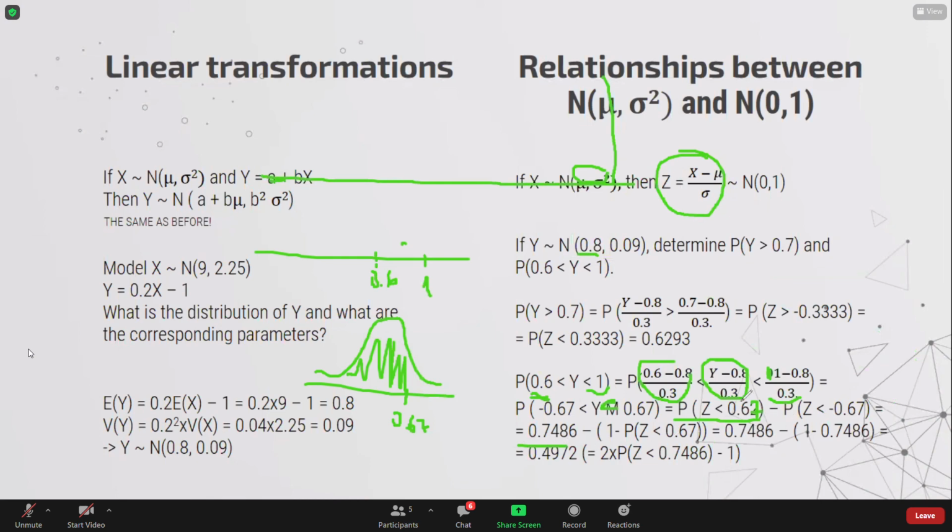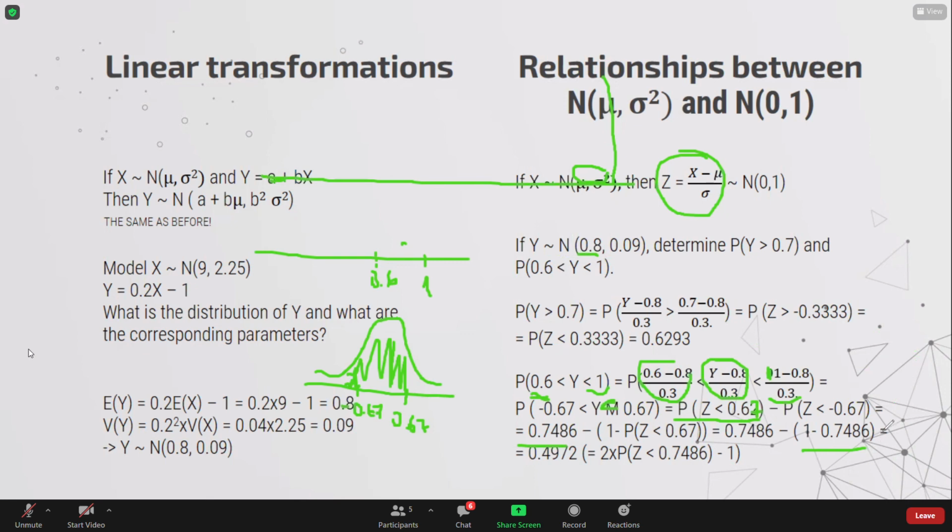And we have the first part. So now we have to do the second part. We have the area that is below 0.67. And that small area is basically 1 minus the area that we just found. Was that clear?